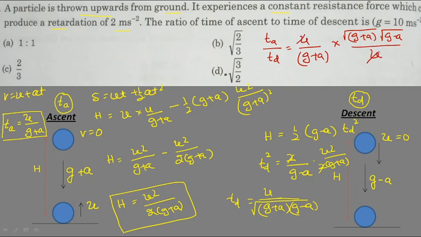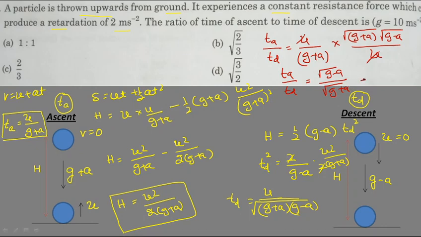Anyway, u cancels, so there is no point of the initial velocity. So the ratio TA upon TD is equal to root over of g minus a upon root over of g plus a.